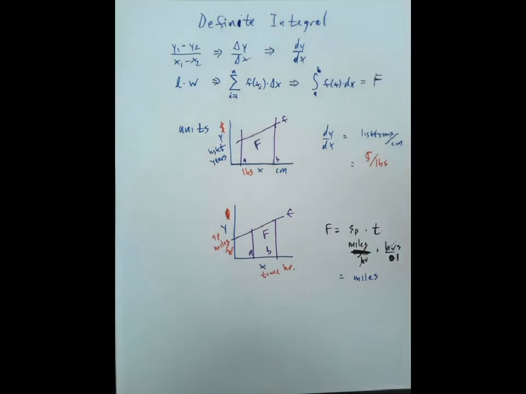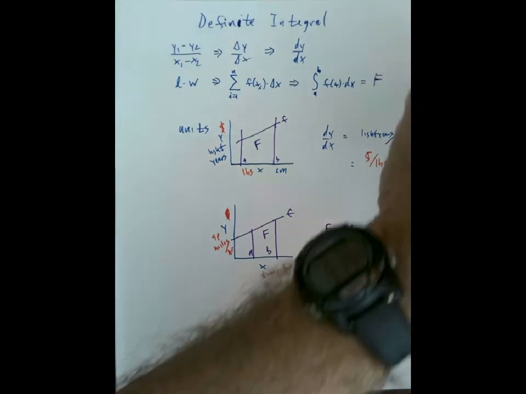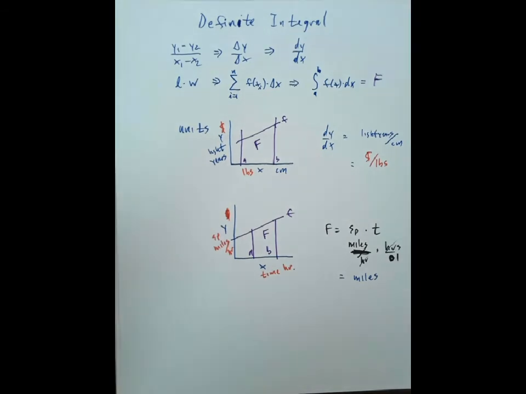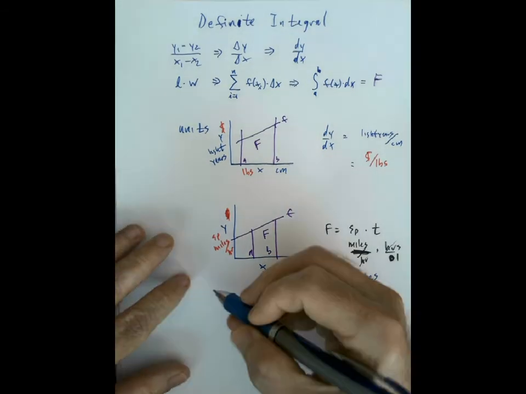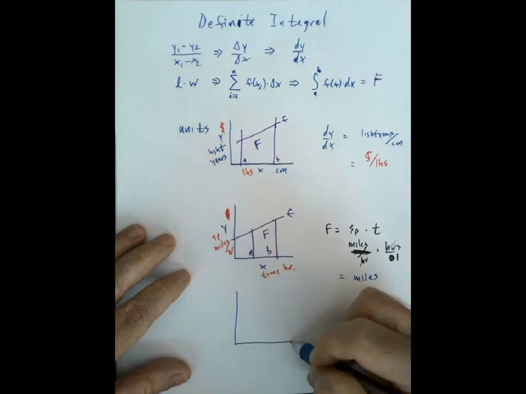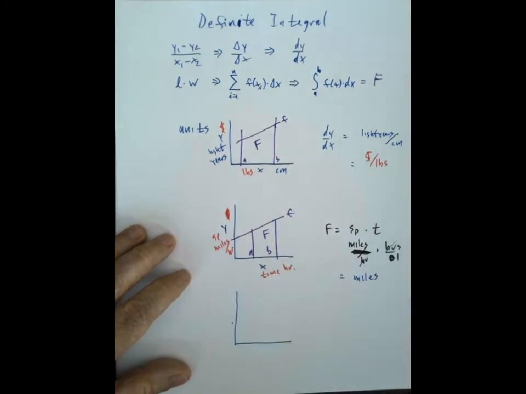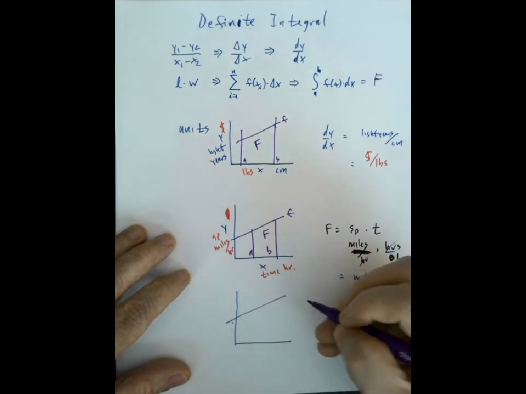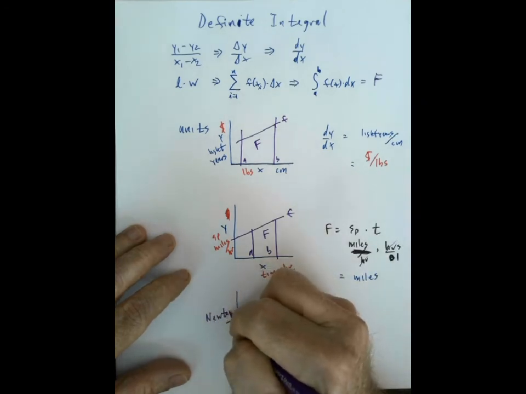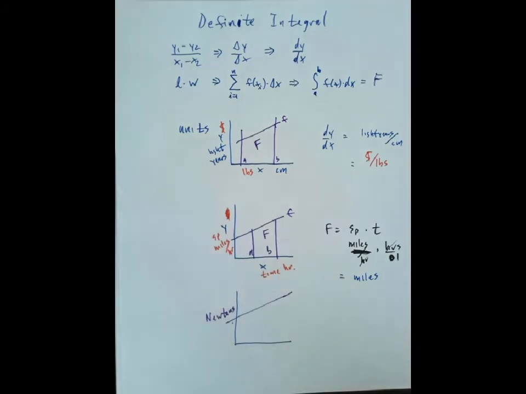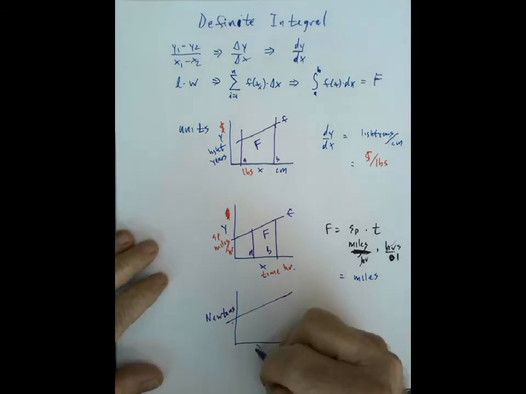Or let's pick another one here. Let's say the y units were units of force, newtons, right? And let's say that the x units were units of distance, meters.